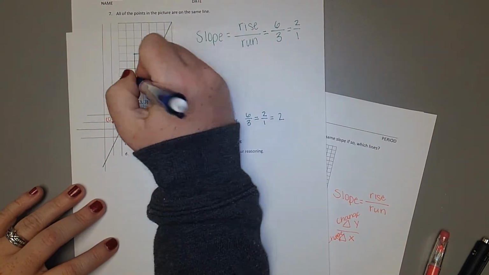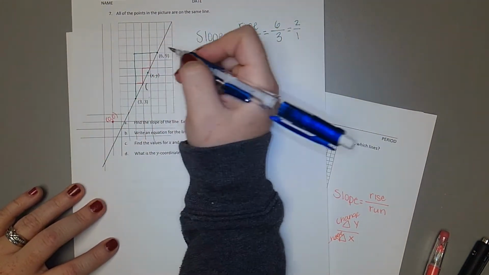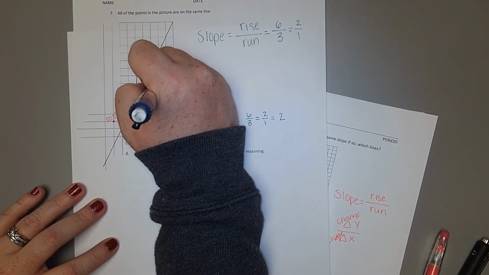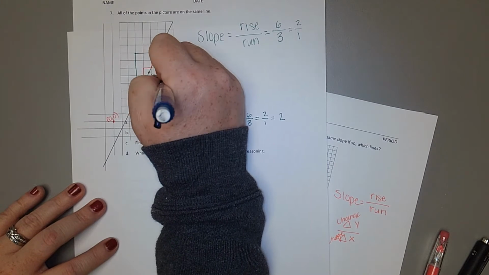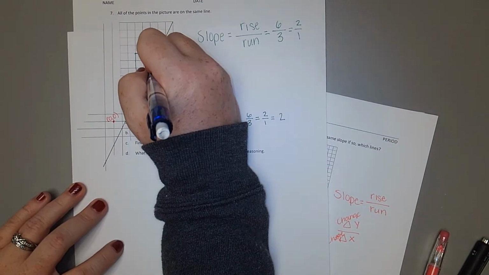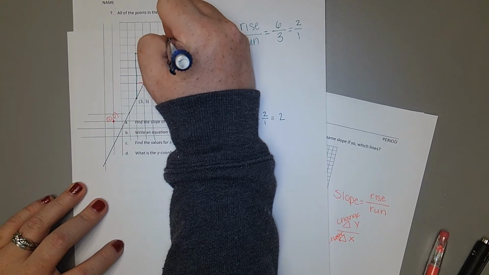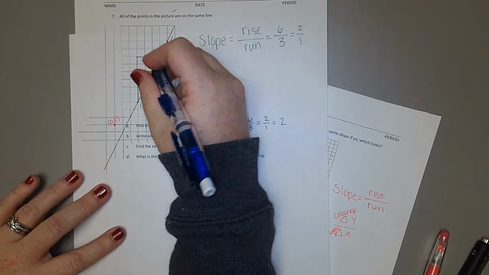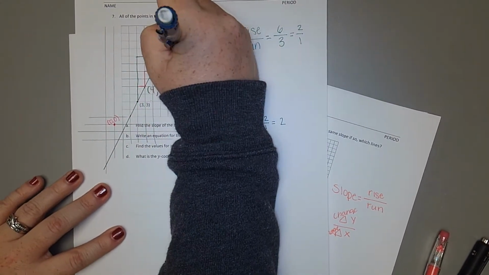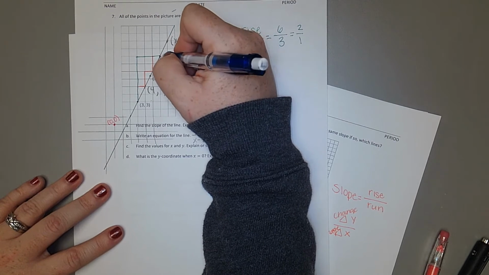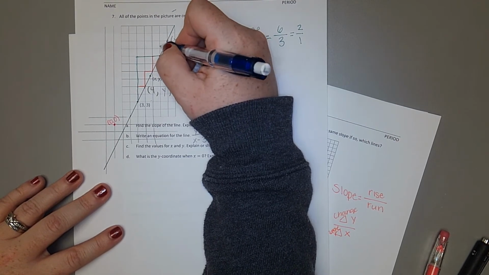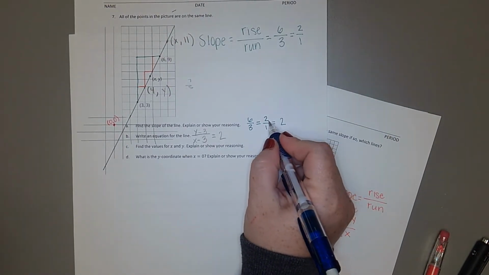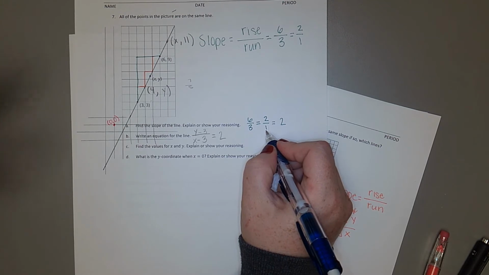So if it were like this point, your x value is 4 and your y is unknown. And then it would give you this point up here where your x is unknown and your y is 9, 10, 11. So then you use your slope, which is up 2 over 1, to figure out what is the unknown value.